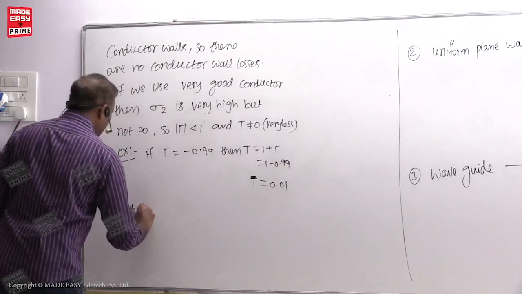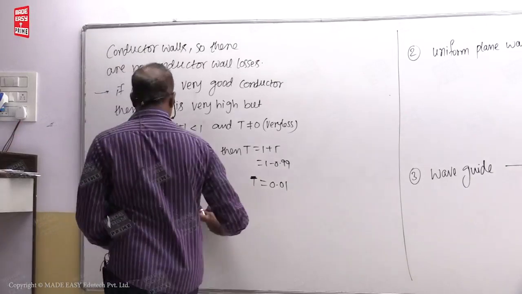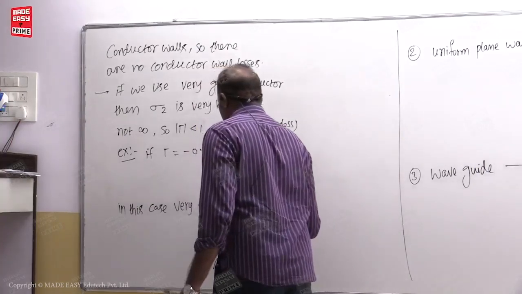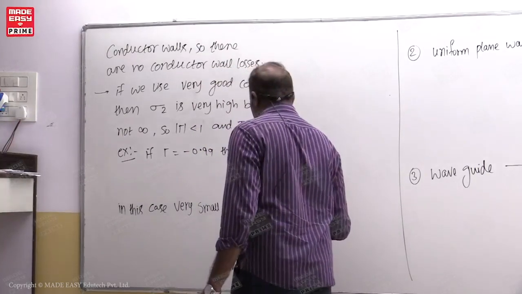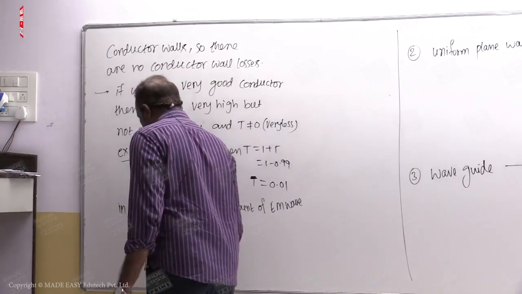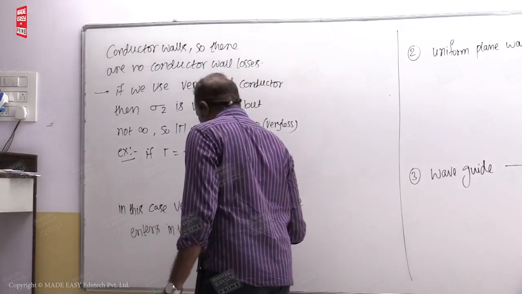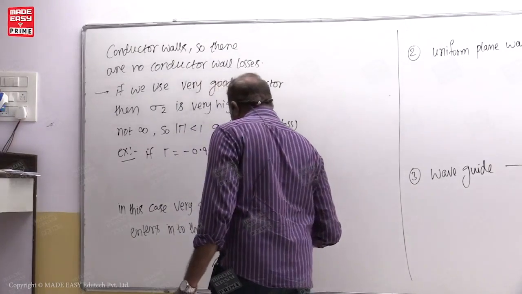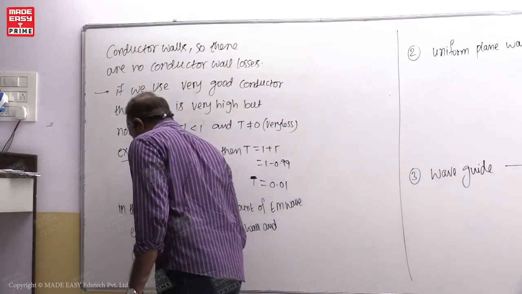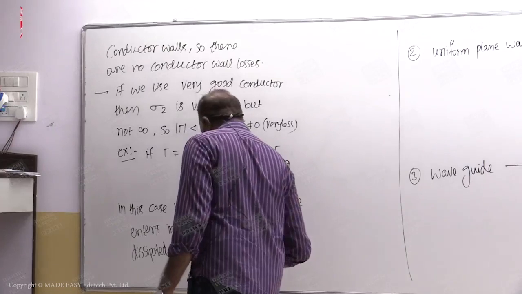In this case, a very small amount of EM wave, or otherwise EM power, enters into the conductor wall and is dissipated in the form of heat.